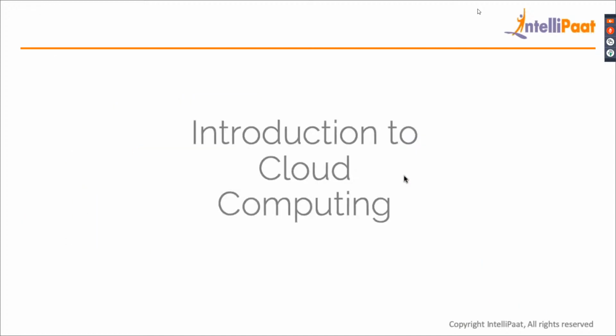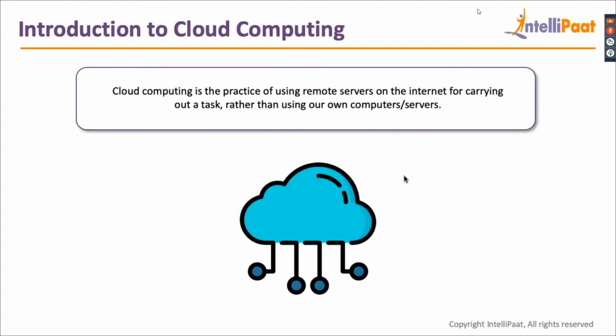Now, let's move on, and first, let's talk about what is cloud computing. Okay, and I'm going to take a very small example also, which is going to make this understanding clearer to you. So, guys, when you talk about cloud computing, it is nothing but renting servers on the internet. Now, what does that mean?